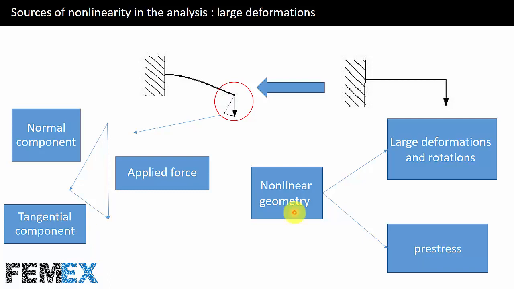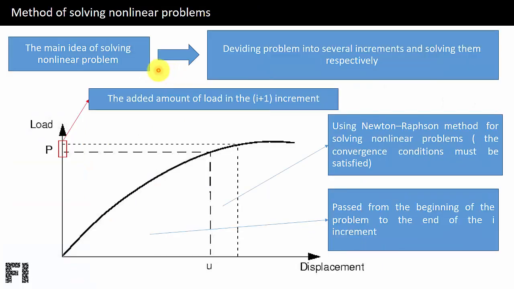Nonlinear geometry includes two cases: large deformations and rotations and pre-stress. Pre-stress is a phenomenon that is categorized in nonlinear geometry. The main idea of solving nonlinear problems is dividing problem into several increments and solving them respectively.